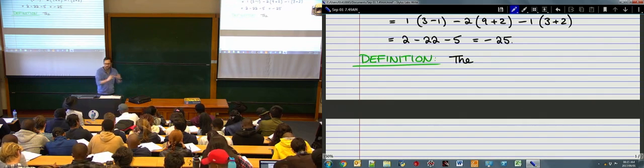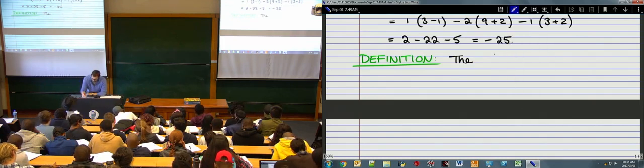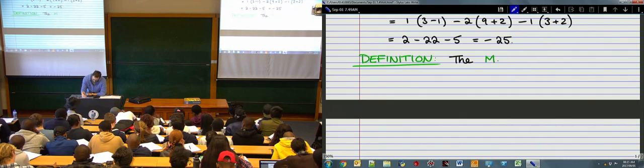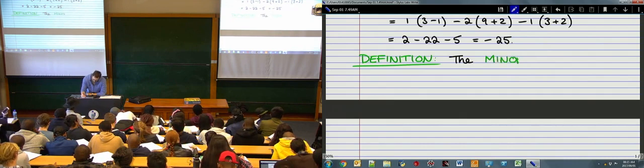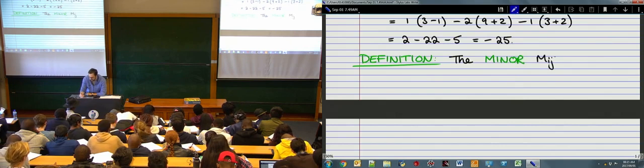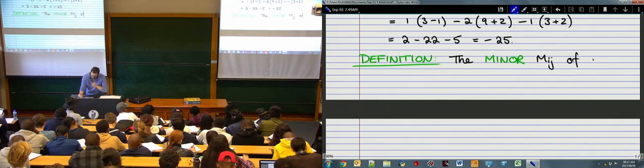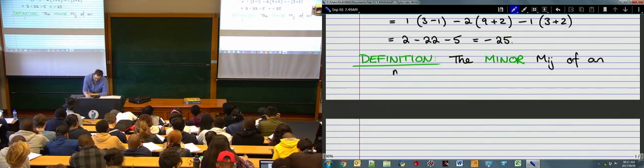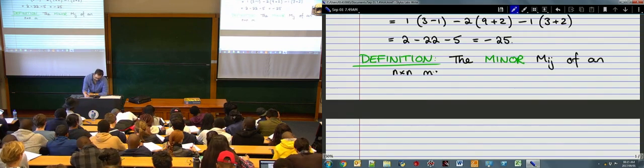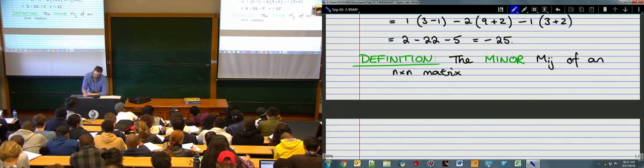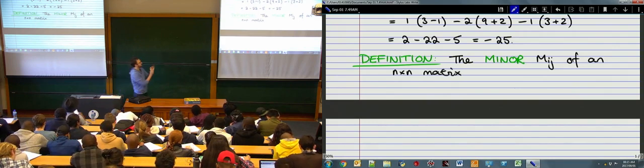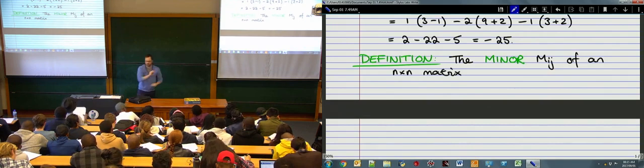So we're going to define the minor. The minor Mij of an n by n matrix. We've got a minor that corresponds to every entry in that matrix.